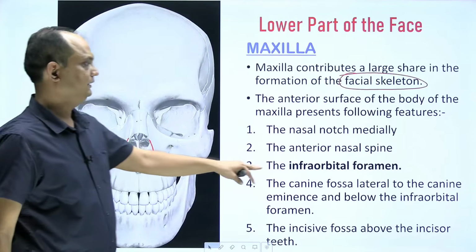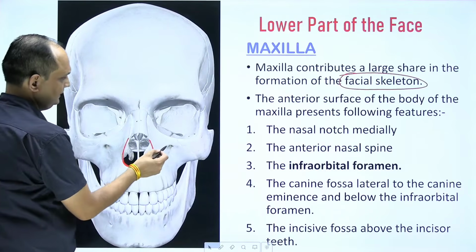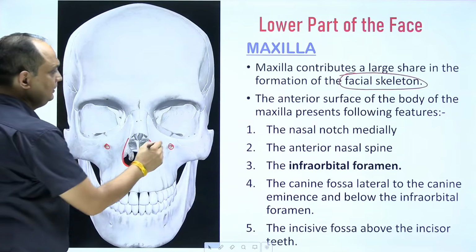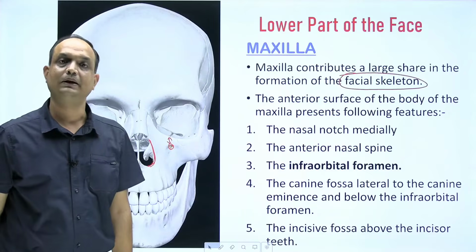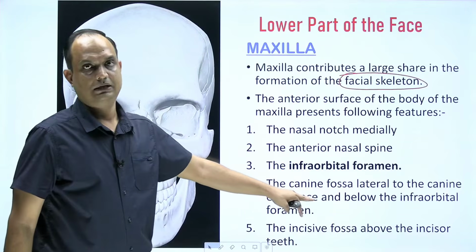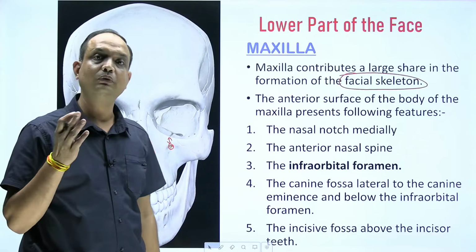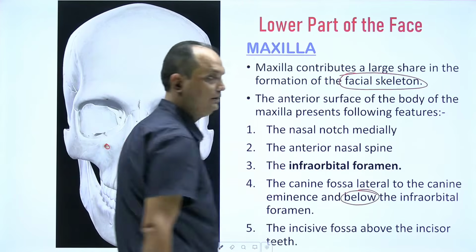Then you will have the infraorbital foramen. The infraorbital foramen is here, which is a very important finding. It is present almost 1 centimeter below the infraorbital margin. Now, you have the canine fossa. The canine fossa lies lateral to the canine eminence, and you will mark it below the infraorbital foramen.